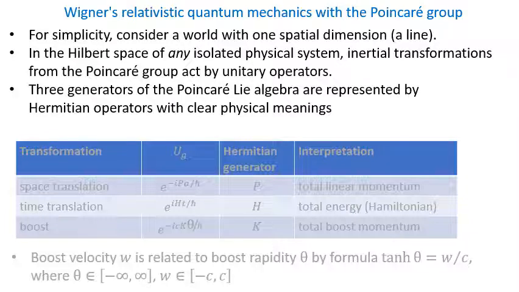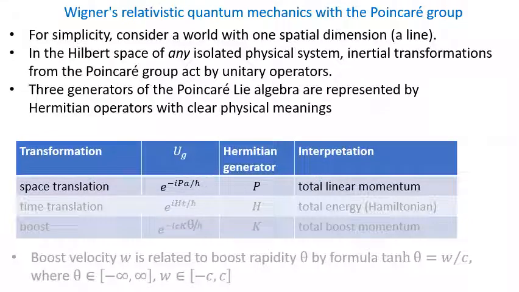In our one-dimensional world, the Poincare group has a three-dimensional Lie algebra whose generators are represented by the following Hermitian operators. Space translations are generated by the operator of total linear momentum, and the corresponding unitary transformation is given by the exponent of this generator.